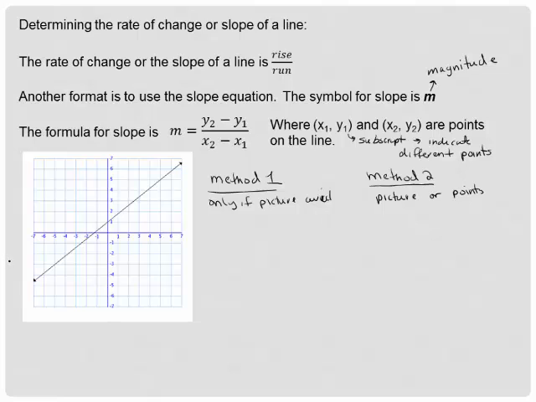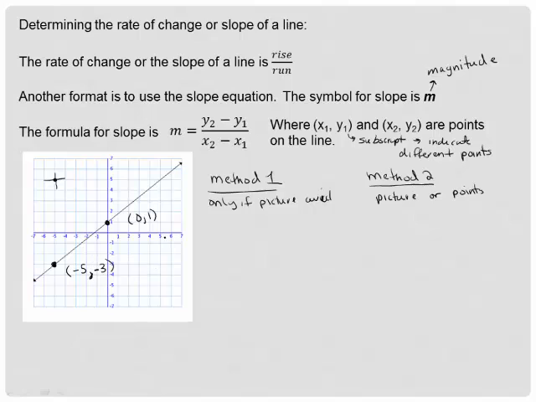So the first thing we need to do is we need to identify points on the line. Now, a point on the line occurs where you have a perfect crosshatch of the coordinate plane. So as we move along the line, we have a point here. We keep moving, and we have a point here. So here are 2 points. We have the point (0, 1), and we have the point (-5, -3). Sorry, that should be a comma, not a parenthesis.